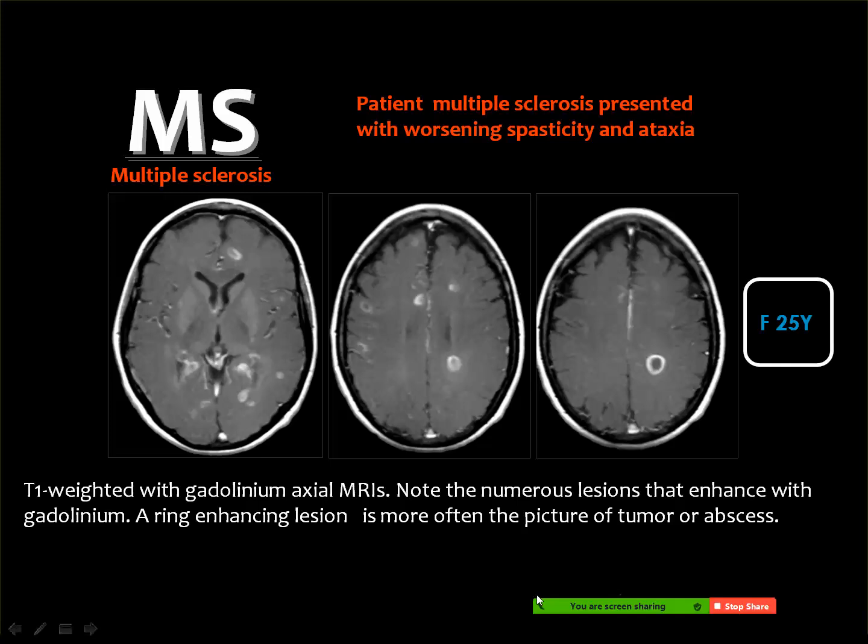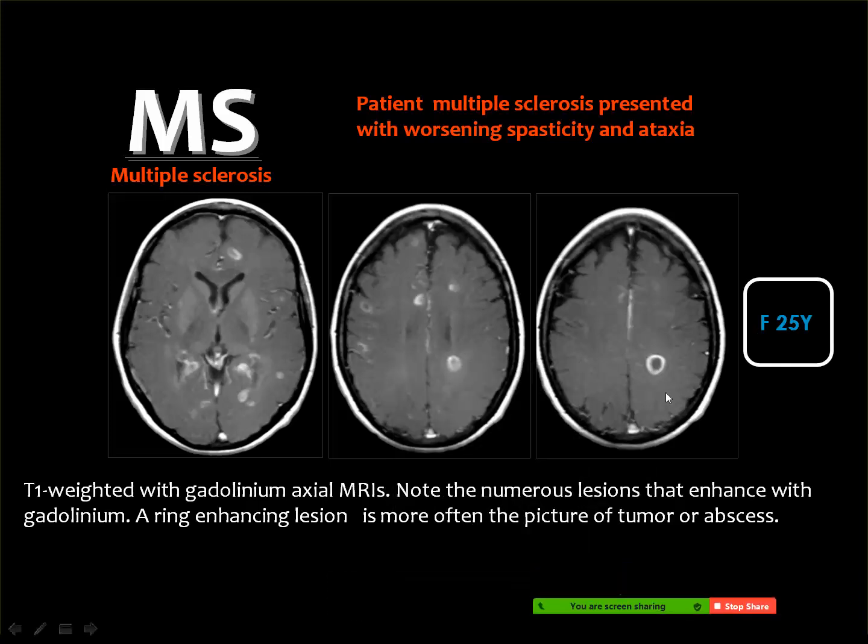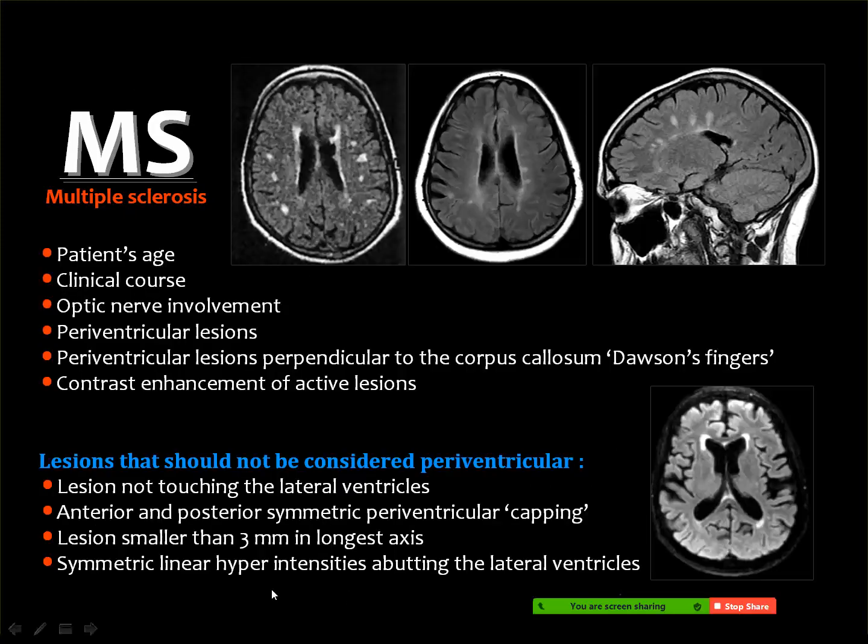Then one of the diagnostic criteria of MS, separating it from encephalopathy, is enhancement of the lesions. Lacunar infarctions do not enhance, but active MS plaques usually show enhancement in the post-contrast series.